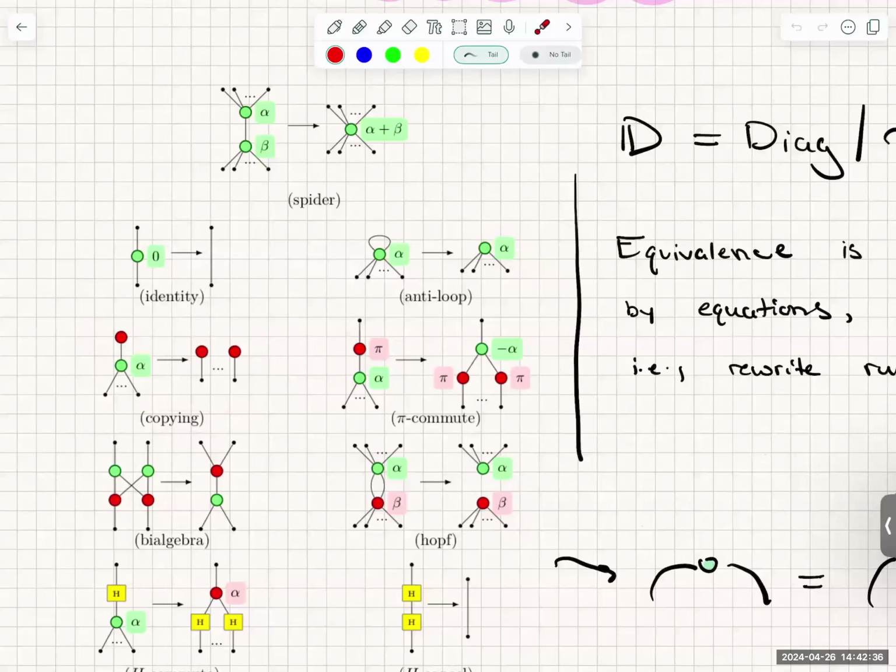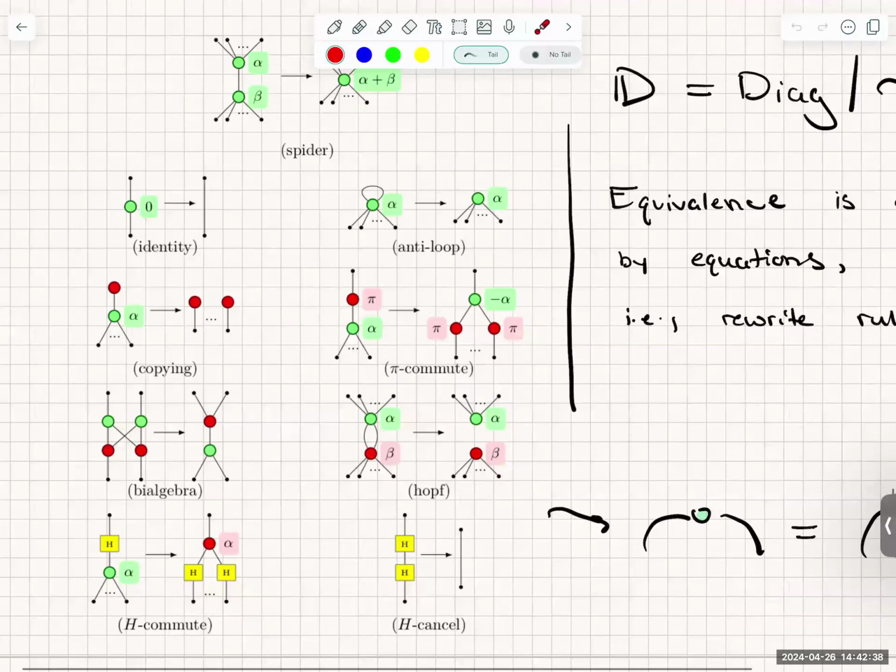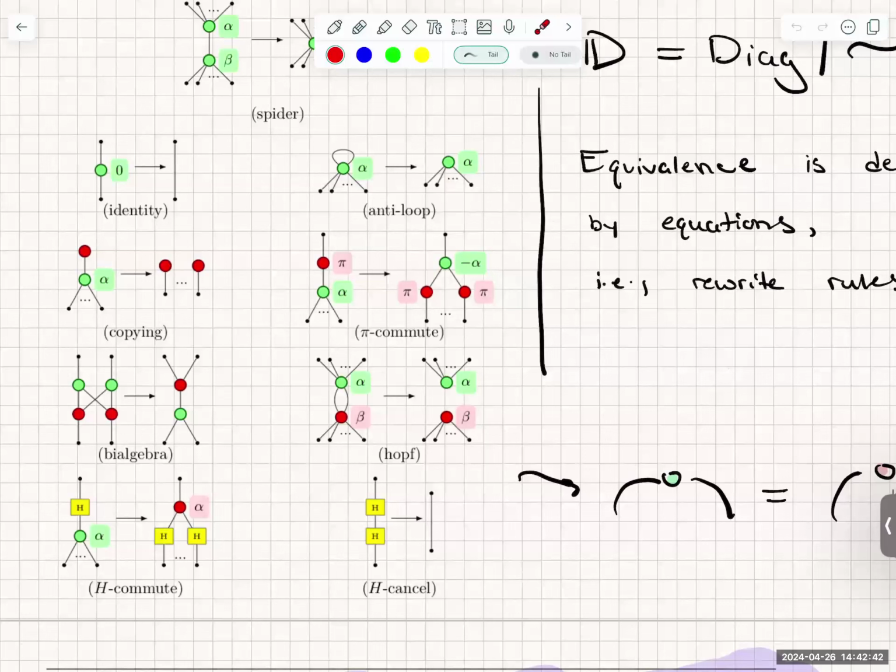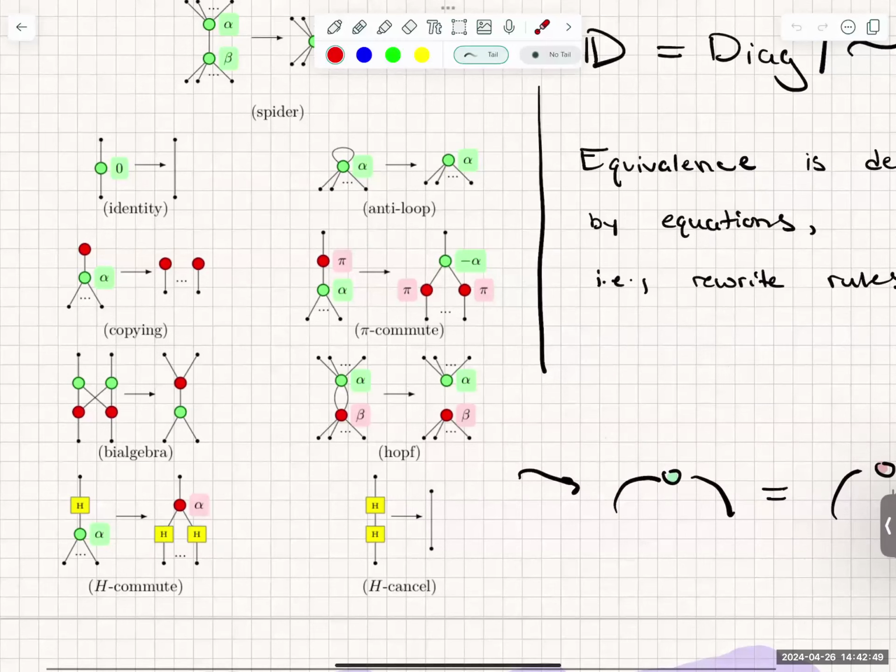And then you have some additional structures coming from the Hopf structure. I also want to talk about these H's, because intuitively people who have seen the physics know that what H does in terms of matrix algebra acting on Hilbert spaces is flip you from the 0, 1 basis to the plus, minus basis.